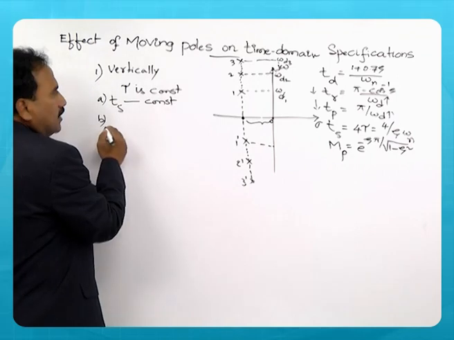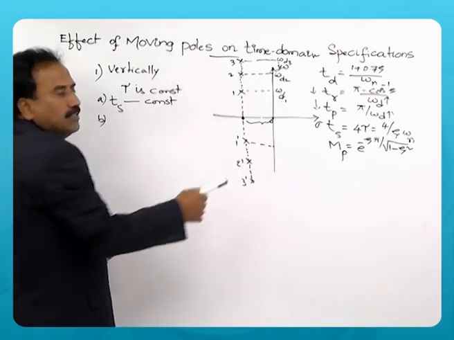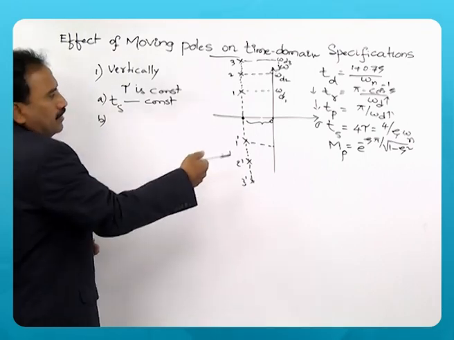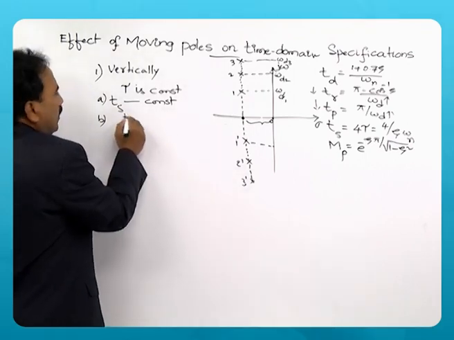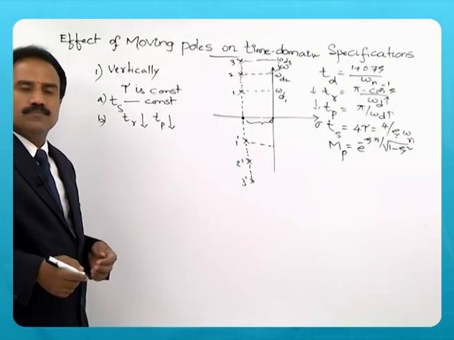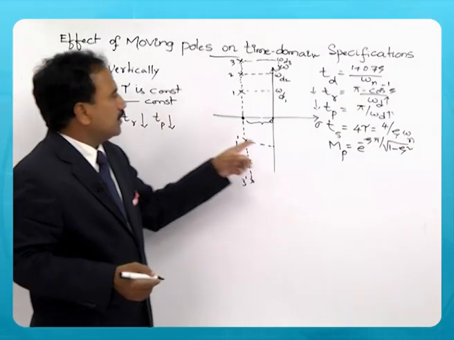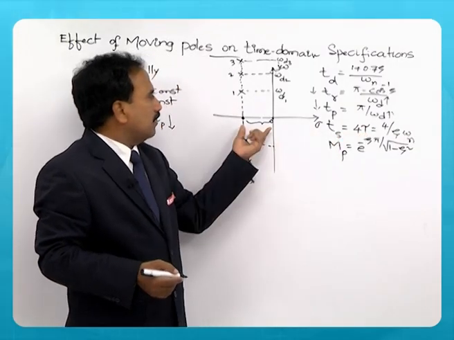So, the effect of moving poles vertically upwards is that it increases the damped frequency. So, rise time and peak time go down, and there is no change in the settling time, as I said, because it depends on the time constant, the real part of the pole.